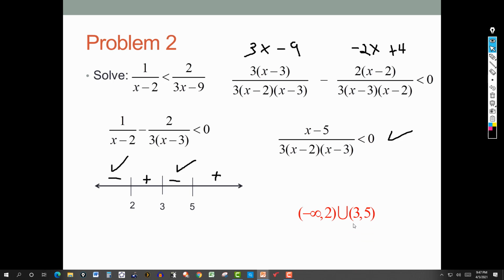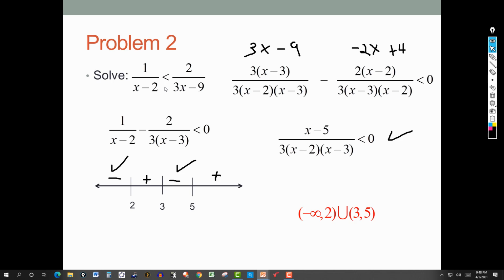And this is the way you would write it in interval notation. Okay. The only way you would have a bracket in one of these numbers is possibly if you had a less than or equal. If you had the equals also.